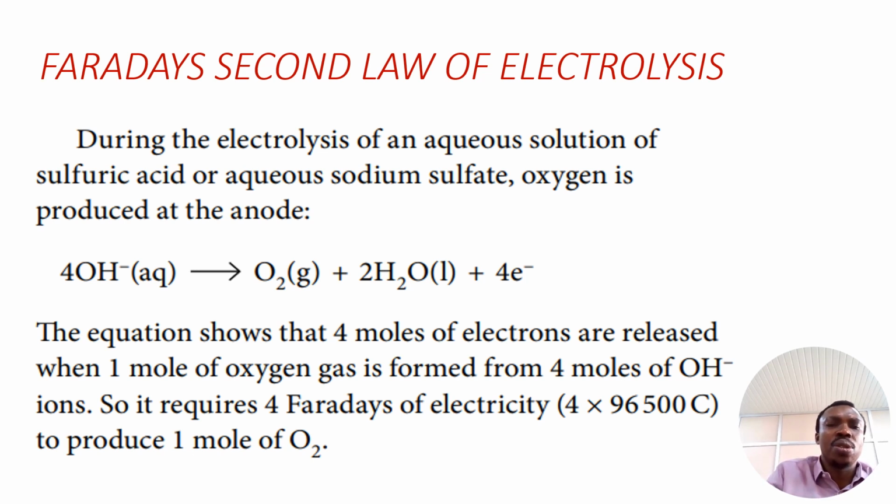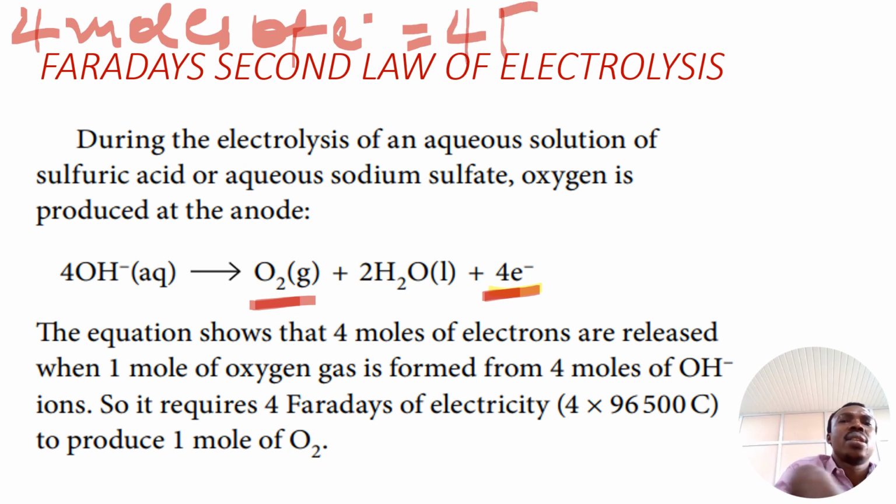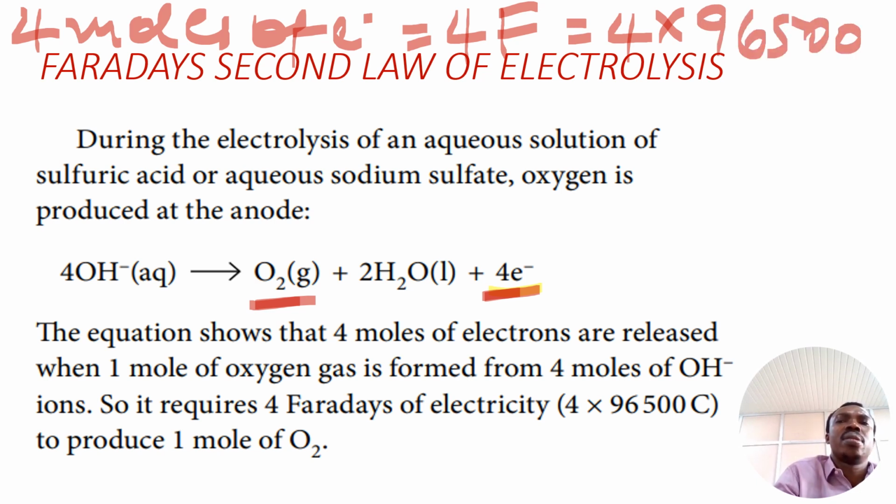From the equation, you discover that 4 moles of electron is required to deposit 1 mole of oxygen gas at the anode. 4 moles of electrons will be equal to 4 Faradays, which is equal to 4 times 96,500 coulomb.